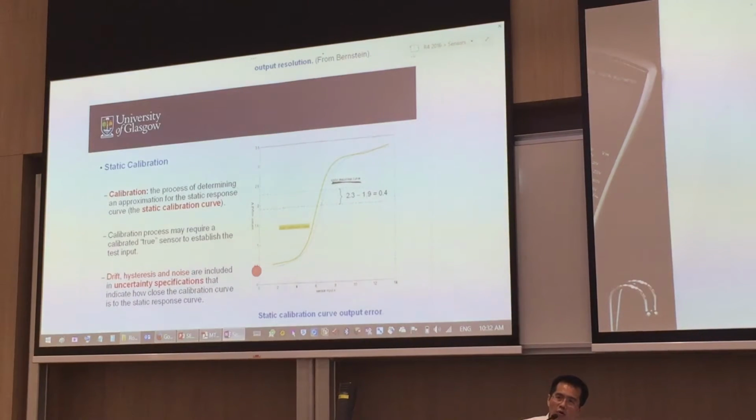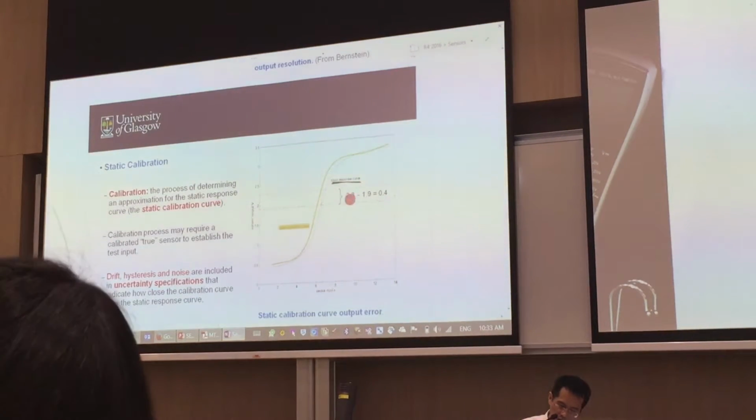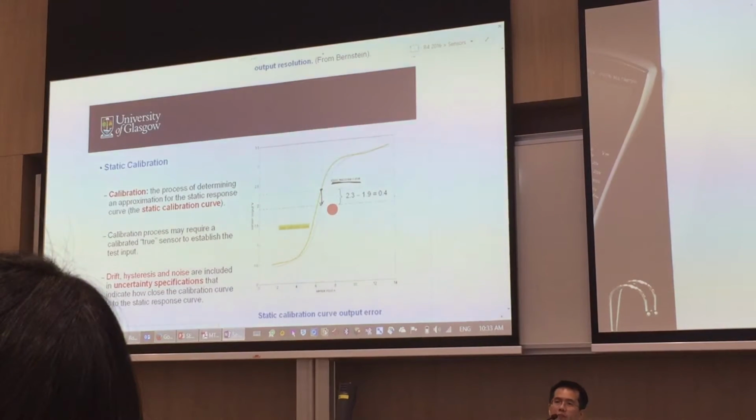We need to know that one before we would know what is our static response curve. This is what we will actually experience, and we will try to understand what those values are so that we can, from this point, get to that point.